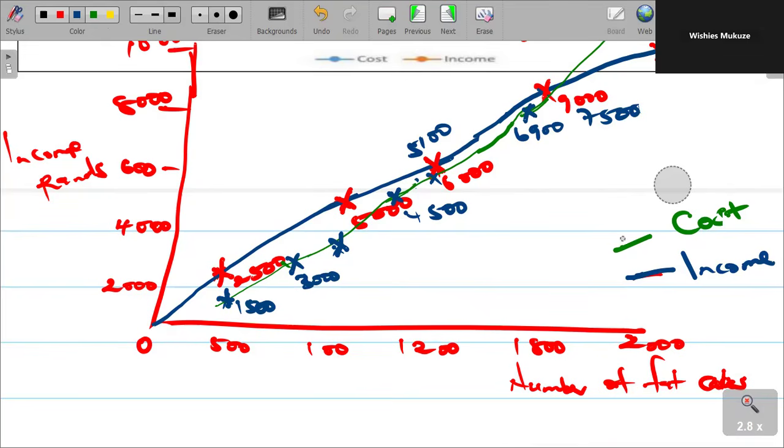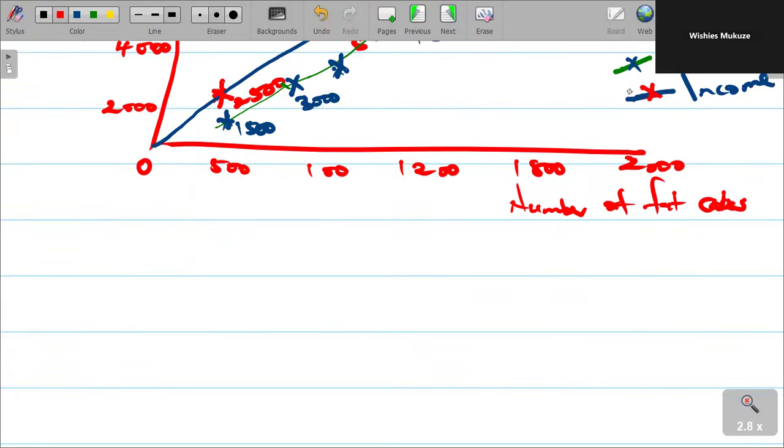We have the cost, and we also have the income, marked with red marks, so we can tell that that is our graph.